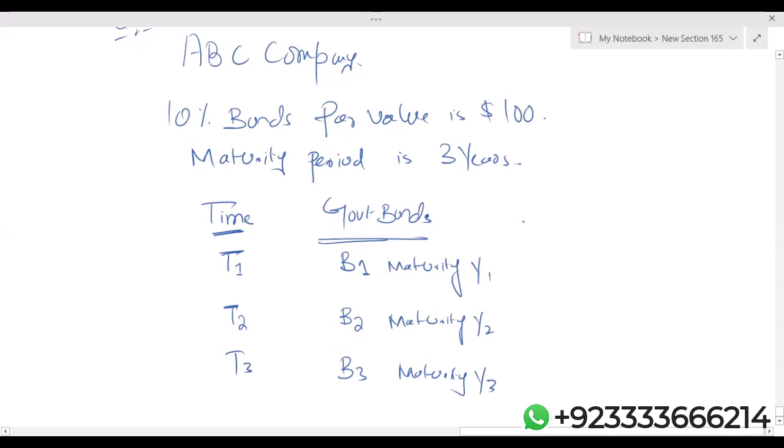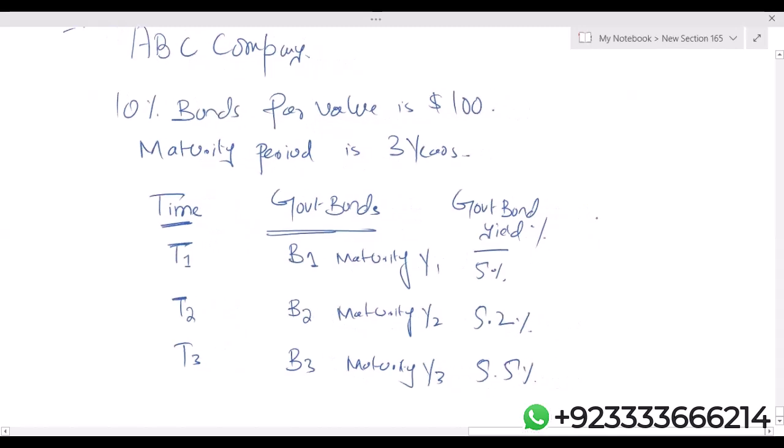Here comes the yield on government bonds. Government bond yield. Yield means return percentages. Let's say it is 5%, 5.2%, 5.5%. Okay. CRP for ABC company.